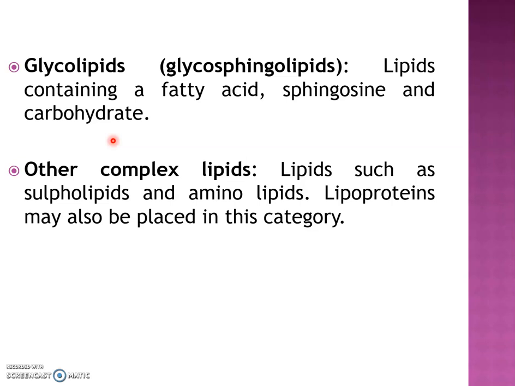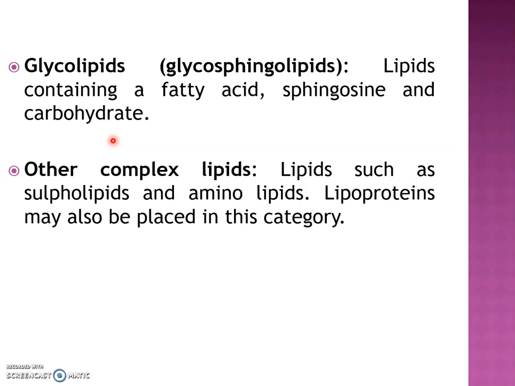An example of this compound is a sterol like cholesterol. Cholesterol is a lipid, but it does not contain an ester linkage. Derived lipids are lipids which do not have an ester linkage. In the first two cases, that is simple lipid and compound lipid, there is an ester linkage. But in the case of derived lipid, there is no ester linkage, but it shows all the properties of lipid.